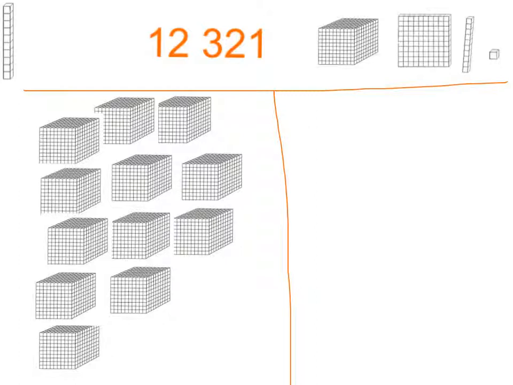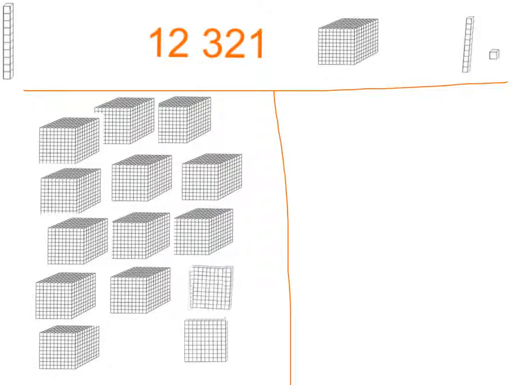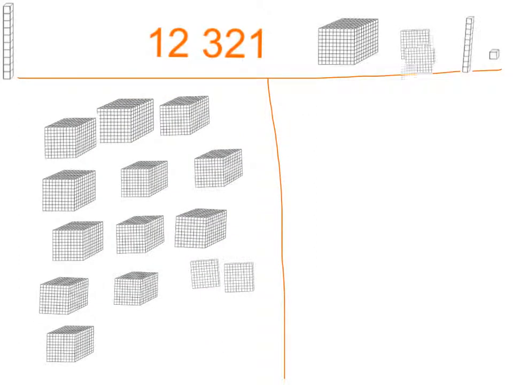Now if we can fit them, how many hundreds blocks would we need to represent 12,321? It tells us we need 3. 1, might have to make it a bit smaller. 1, 2, 3 hundreds blocks.